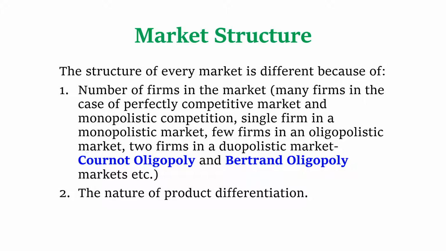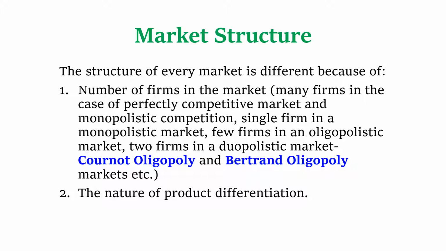Now, the structure of the markets looks at what? The different numbers of firms as well as the nature of product differentiation. So there are basically two things here we need to look at. When we talk about the structure of the market, we look at two different dimensions. We look at the number of firms in the market.